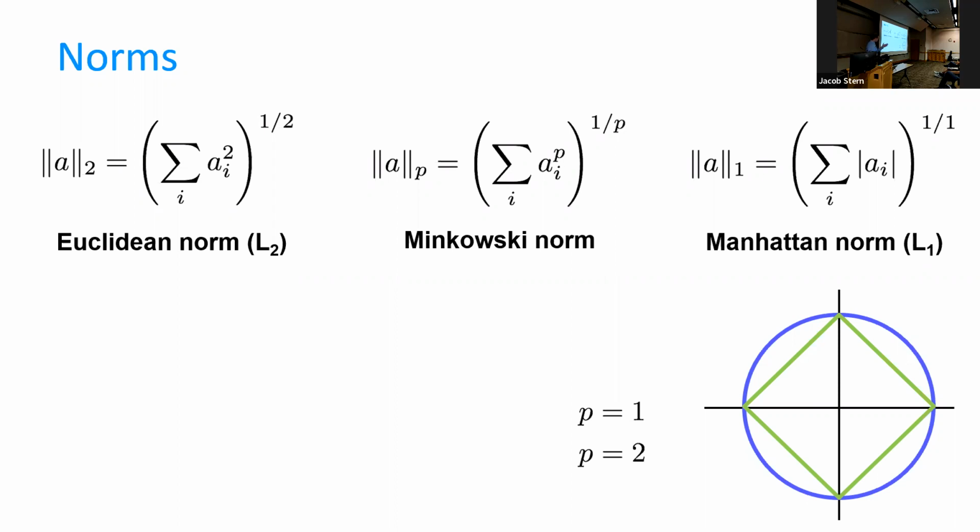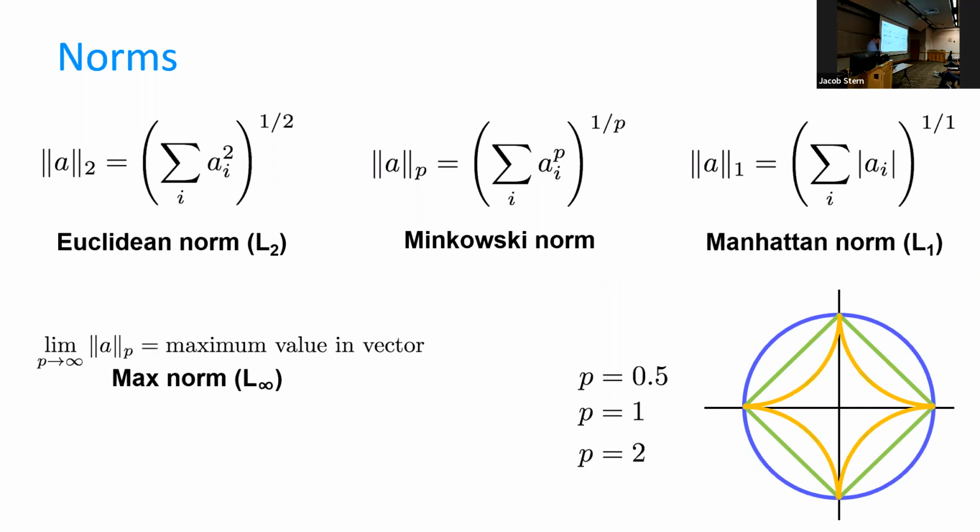The Minkowski norm is a more general case, where it involves taking a to the p and then taking the p root of it. With p equals 0.5, you get this concave curve. And with p equals infinity, you end up with this max norm.